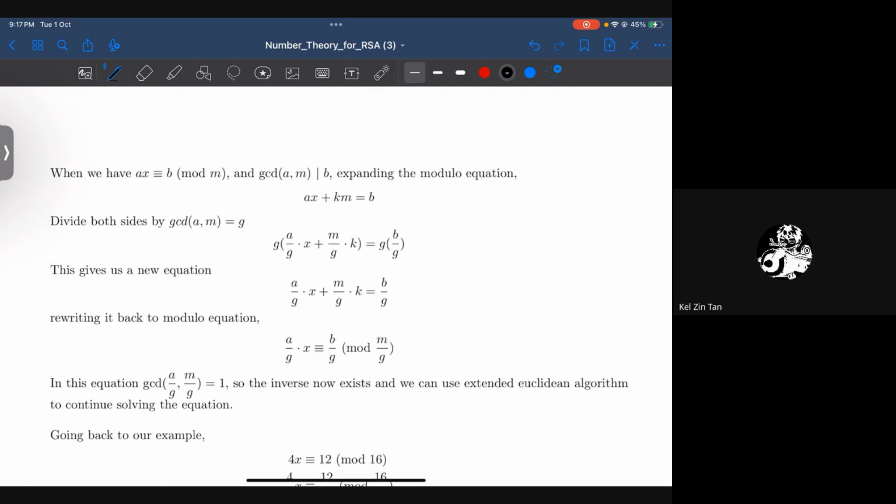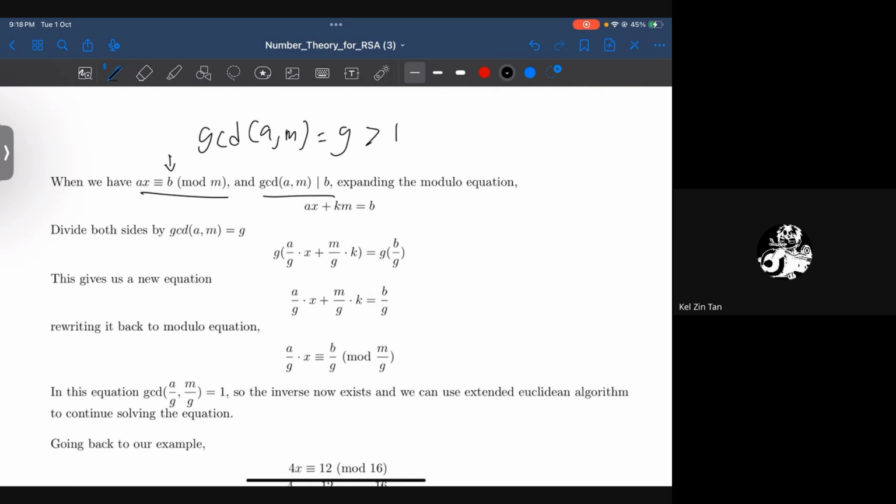Suppose in the scenario we mentioned just now, we have that the GCD of A and M is equal to G, and this is larger than 1. We also have that the GCD of A and M divides B. Now we can expand out the modulo equation.